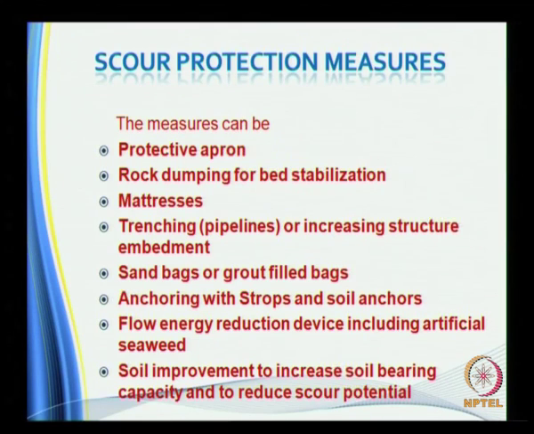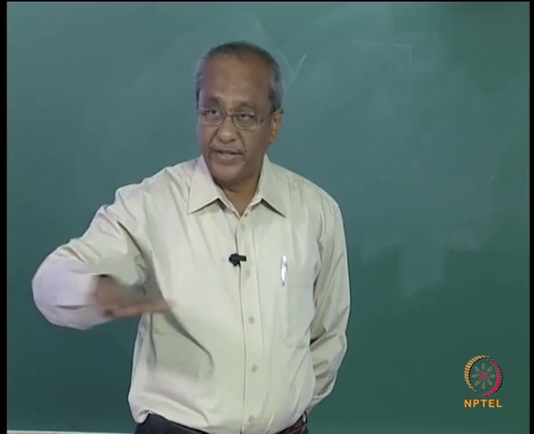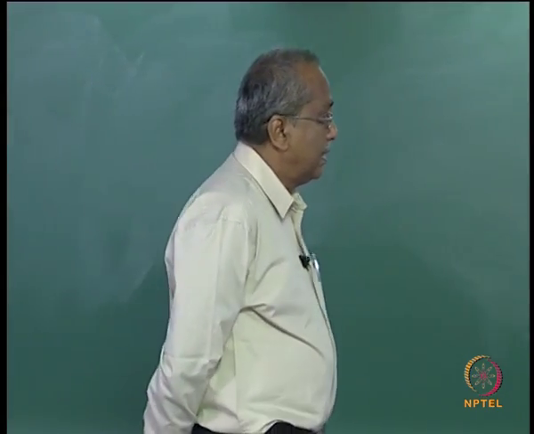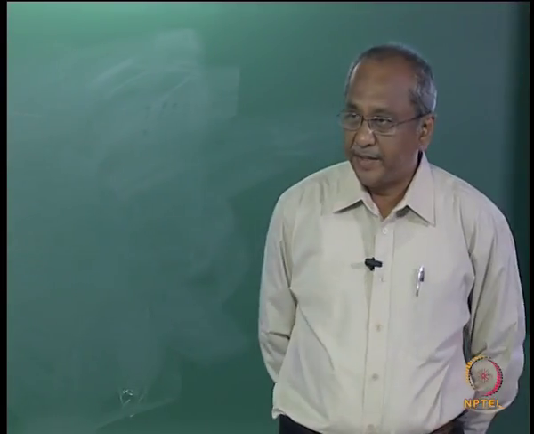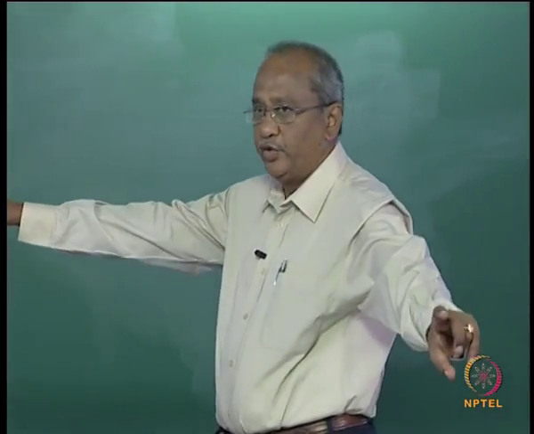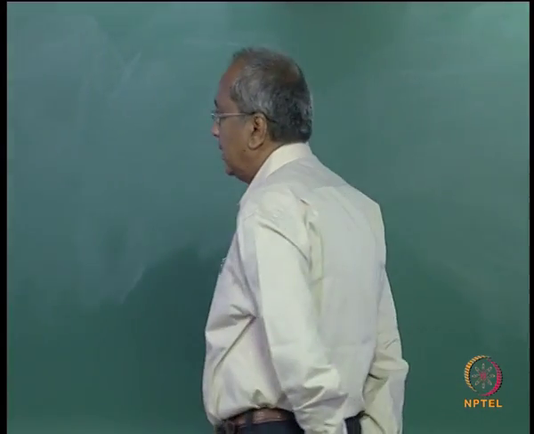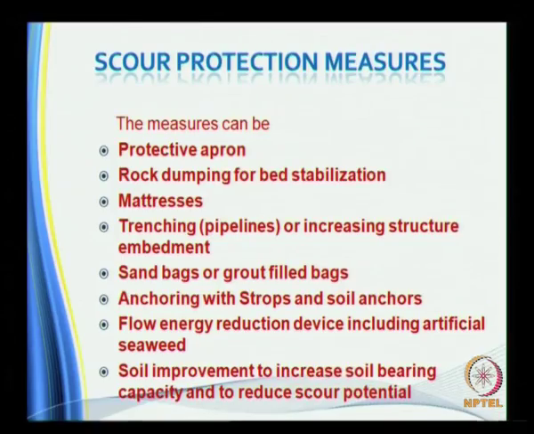It can be either a protective apron, like the apron near the toe of the dam, rock dumping for bed stabilization, or a mattress, which can be a geosynthetic mattress. Look at the lecture on geosynthetic materials, the application of geosynthetics in coastal engineering. That will give some information about scour protection.